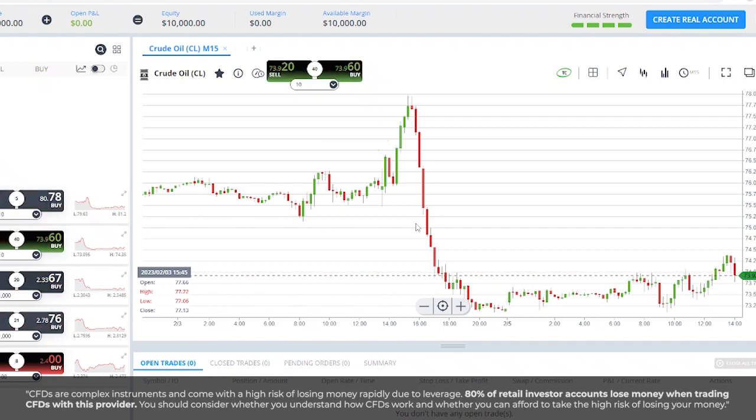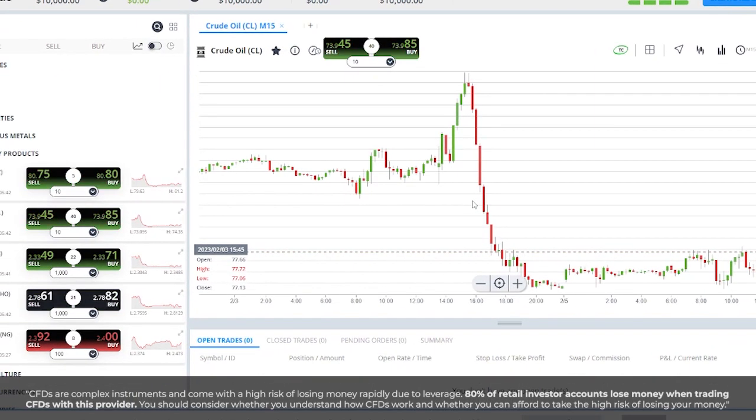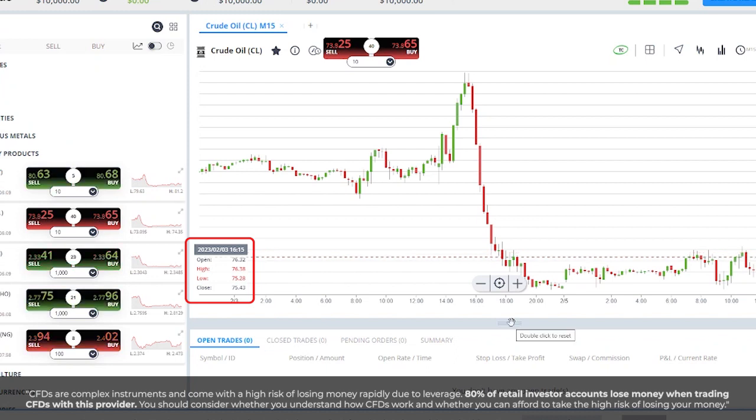If you place your mouse cursor on a specific candlestick, on the left-hand side of the screen, you will see detailed information regarding price movement in that specific time frame, like open price, 76.32 in this instance, highest price during this time, which is 76.38, lowest price during that time frame, which is 75.28, and close price, which is 75.43.